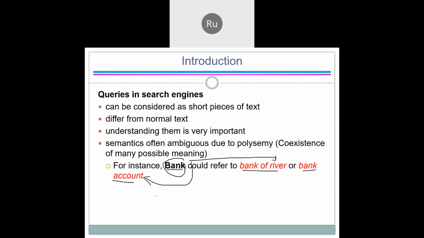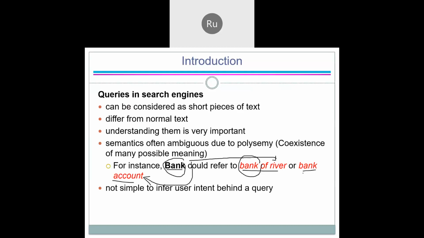So normally this one is studied in natural language processing, in which we learn how the words are arranged in the sentence, and depending on the sequence of the words, they will know that this bank is referring to the bank of a river or a bank account, depending on what word exists before or after in the sentence.